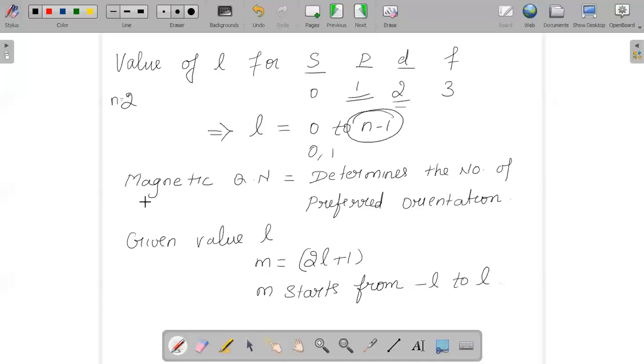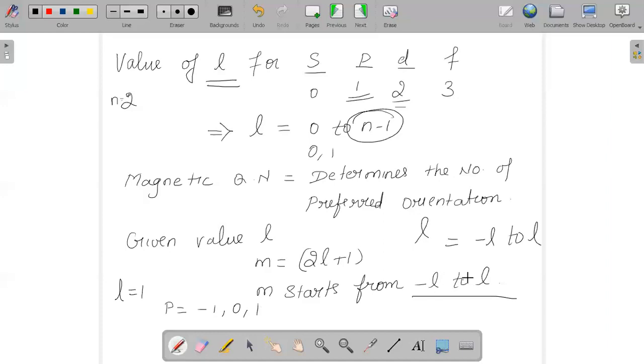We should know that the magnetic quantum number is related to the azimuthal quantum number with a relation: whatever is the value of your L, you have to take it as minus L to L. So if I give L equal to 1, I should say that ml will be minus L to L: minus 1, 0 and 1.